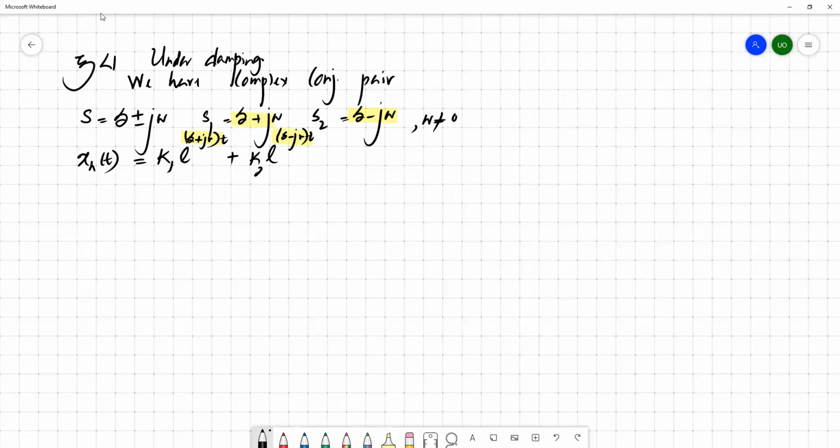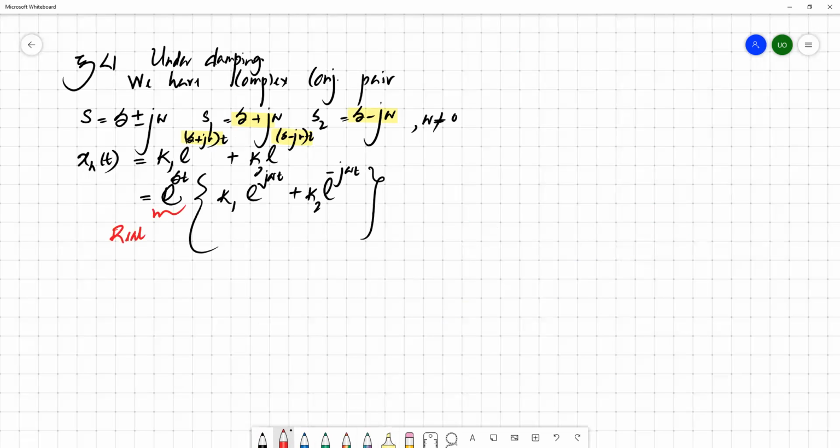Then we can simplify because e to the power sigma t is common for these two terms, so we can take it out. Then we have k1 e to the power j omega t plus k2 e to the power minus j omega t. By looking at this, e to the power sigma t is a real quantity, a real exponential function.